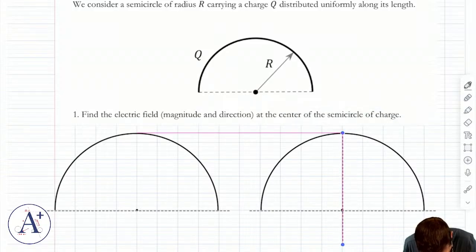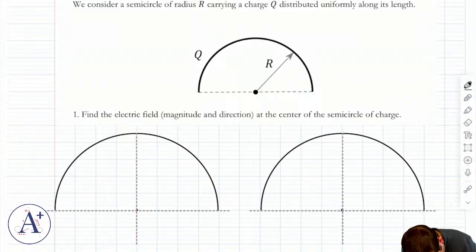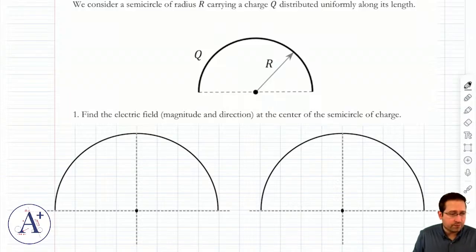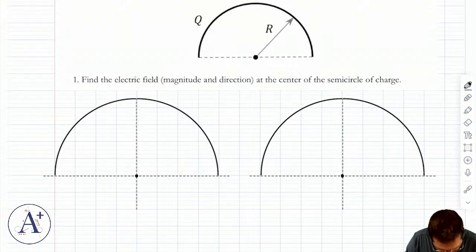So let me just finish this real quick. This is our coordinate system, really. And this is the center here. All right. Now, if I take a little slice right here, well, there's a few things I need to do. I'm going to redraw the same slice here.